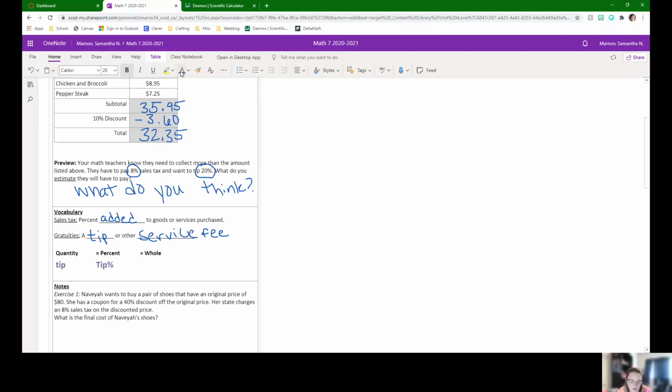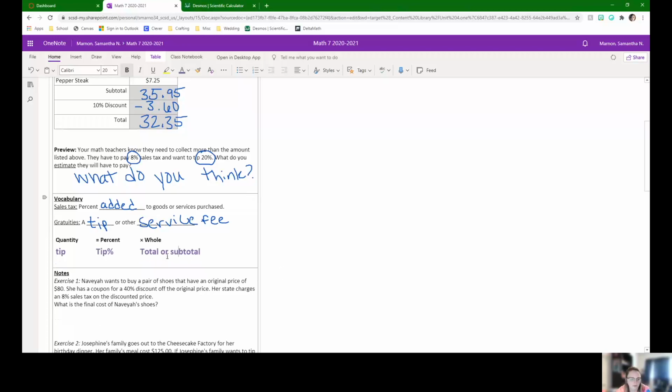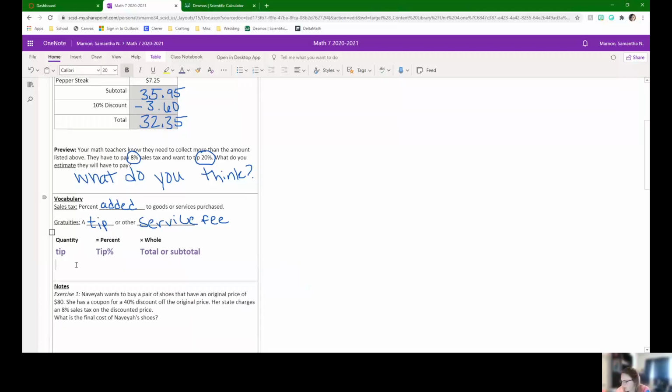And then you're going to have your total or subtotal. Subtotal is just when you add it all up together. Most things that we're going to calculate today, we do off of the subtotal, when we're talking about sales tax.